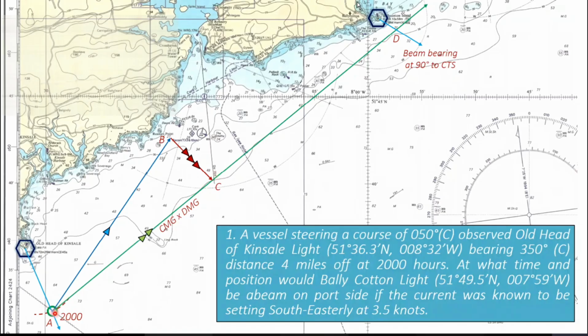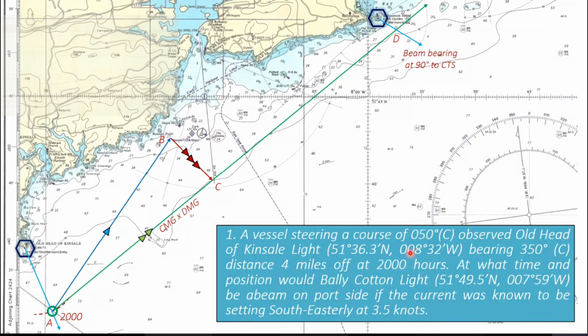Now we measure off the distance Alpha to Delta on the chart. This distance Alpha to Delta divided by our speed made good will immediately give us the time which the ship would require to reach point D. So the Alpha to Delta distance divided by the speed made good will give us the time after which the vessel will be at the Delta point.